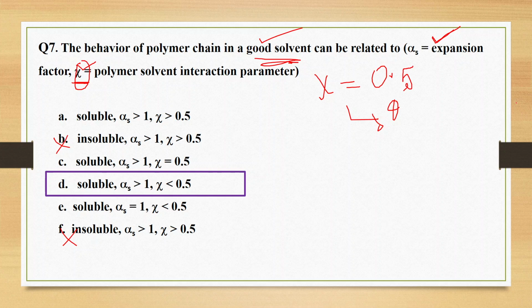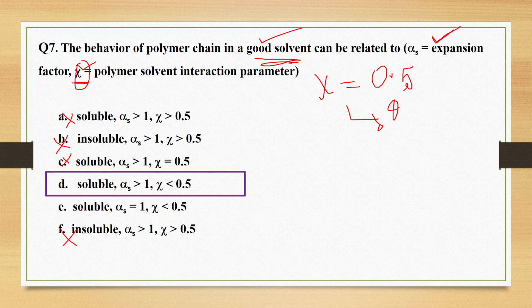That means chi has to be less than 0.5. Only in that case will delta G be negative and the polymer soluble. So as it is a good solvent and solubilizes the polymer, obviously chi has to be less than 0.5. So this option is not valid, and I think we are left with only two options.